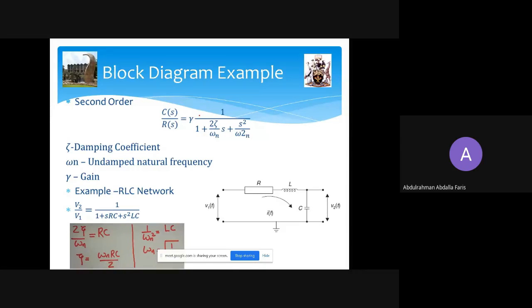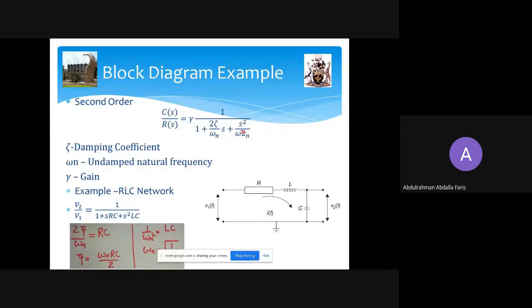This is gamma, the gain again, and then you have 1 plus 2 zeta over omega n s. Zeta is the damping coefficient. This is a unitless coefficient, and this is the natural frequency. And okay, this is wrong. It needs to be squared here instead of 2. And that is s squared over omega n squared.